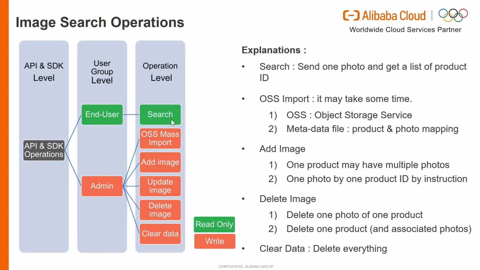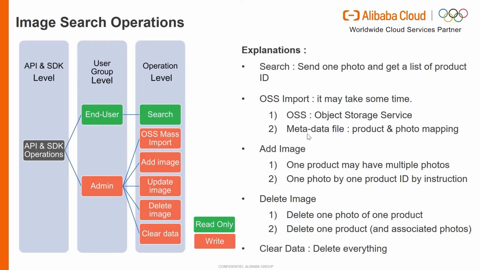The search operation allows you to send 1 photo and get a list of product IDs back. The OSS massive import means you can get an object storage service from Alibaba Cloud side. You can activate this storage service and open a storage area on Alibaba Cloud side, then upload millions of photos into this area.